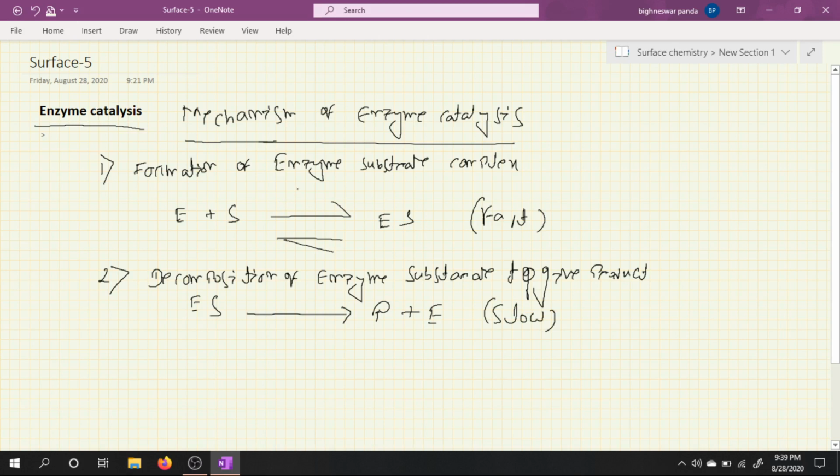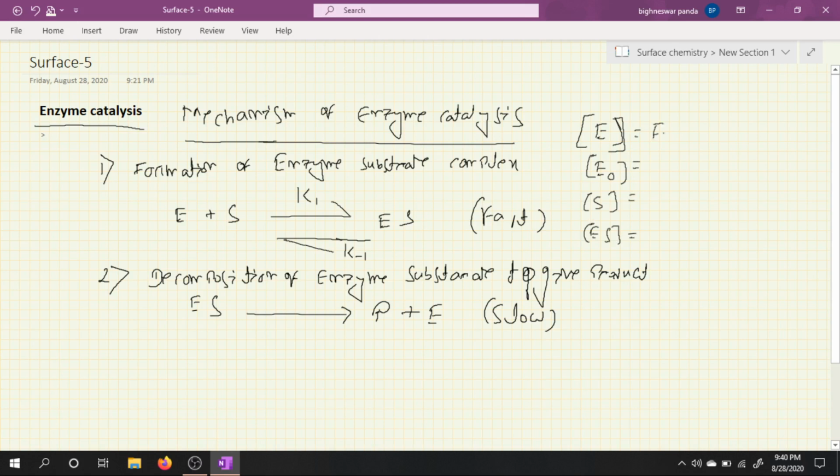And for the forward reaction, let's consider the rate constant will be K1, and for the backward reaction K minus 1. And you have to note certain notations such as E, E naught, S. So these are the notations to know.